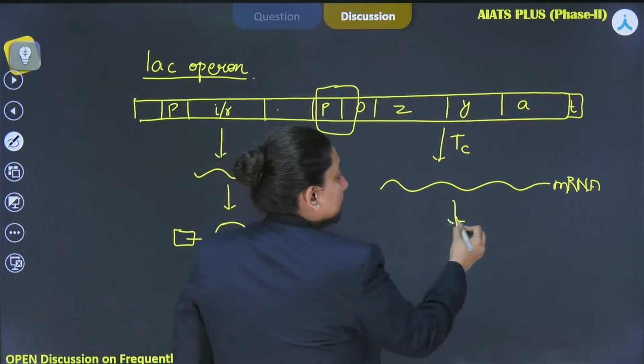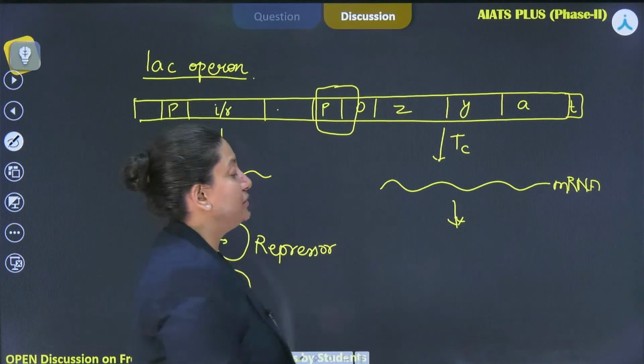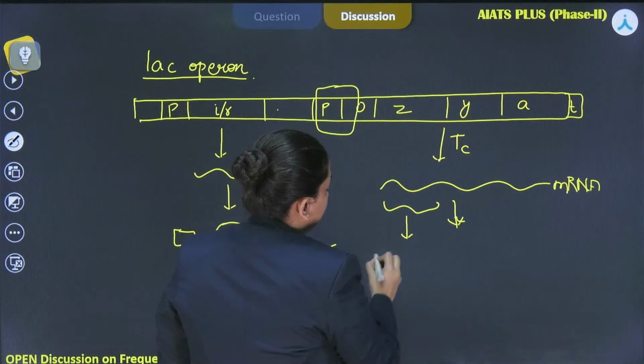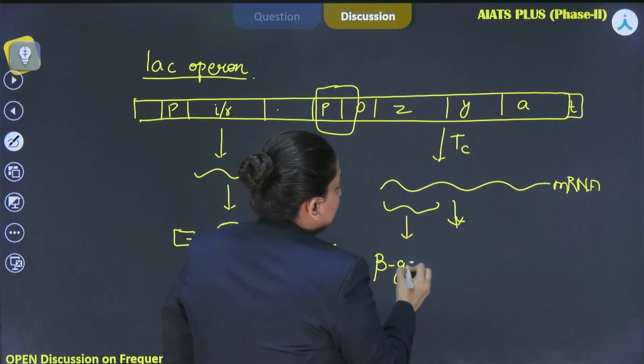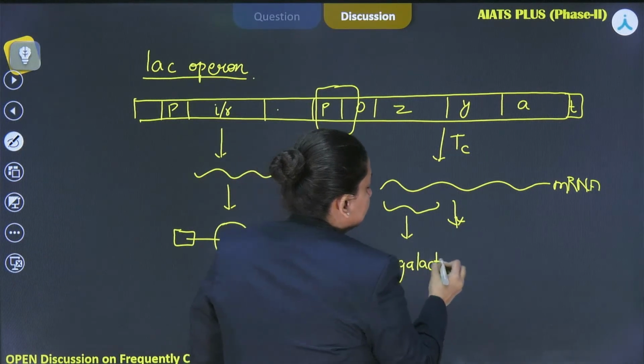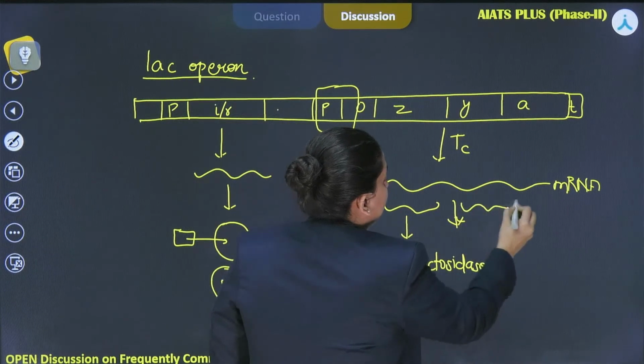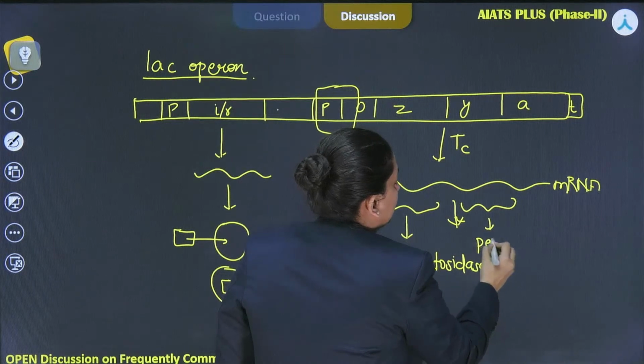After this, as the mRNA is already formed, the translation will start. And from this Z section, we are going to have the formation of beta galactosidase, right? With this Y, we are going to have the formation of permease.